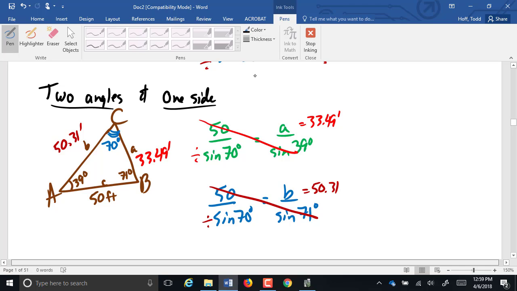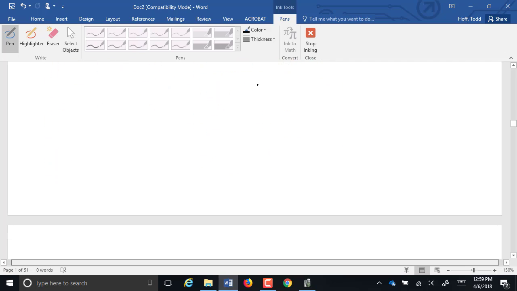So this law of sines is relatively easy to use when we have two angles and a side. I'm going to have you guys try one. Yeah, that one sucks. Let me try that again. There.